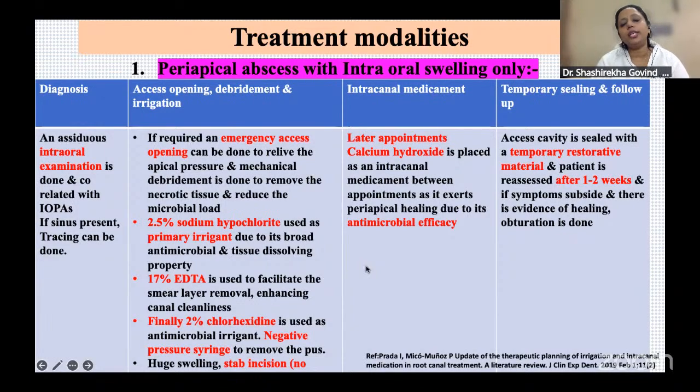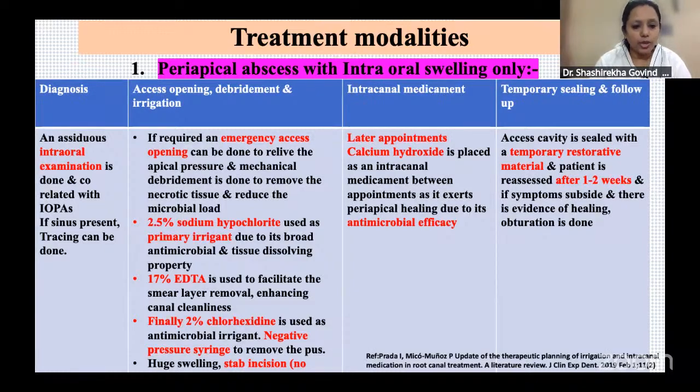So how are we going to treat? Now we need to treat two different things. The tooth as a whole we have to treat, as well as the swelling part also needs to be treated. So here regular root canal treatment, that is access opening, is done, and then you have to clean the entire canal and use a copious amount of saline and chlorhexidine. Hypochlorite of a smaller concentration you need to use, but not as copiously as saline and chlorhexidine.